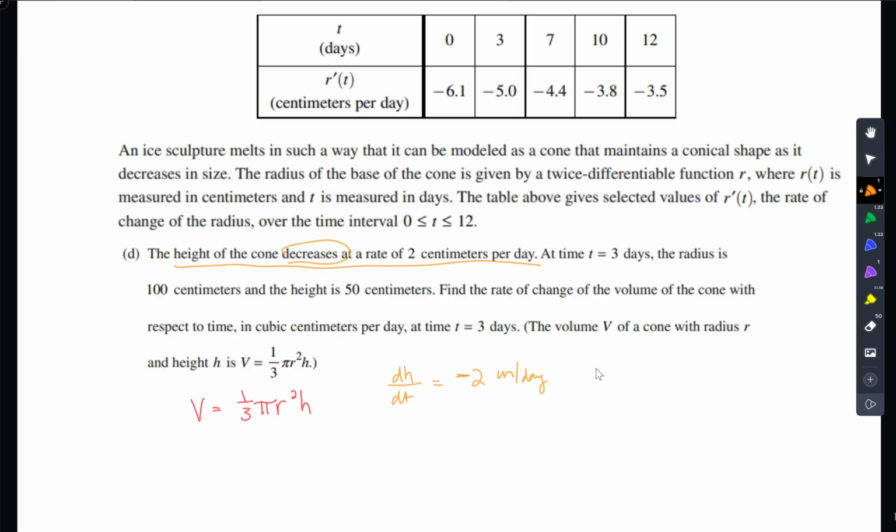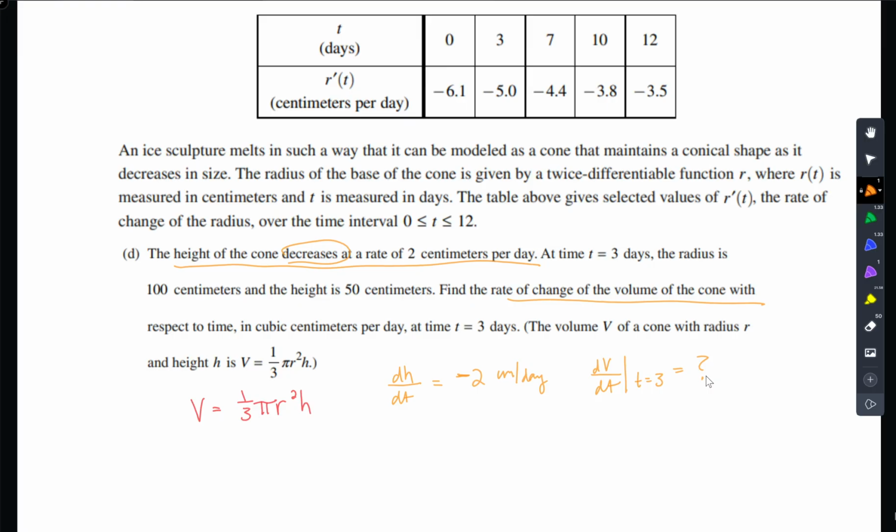Find the rate of change in volume, so dV/dt, because I want change in volume, in cubic centimeters per day at time t equals 3. So that's the question. I knew it, they didn't give me a rate for r.